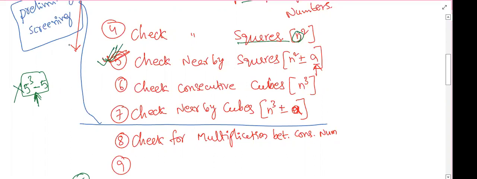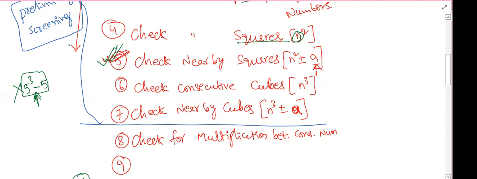Up to these 7 points, we will call it a preliminary screening. This is the mandatory screening, the compulsory check for any number series.